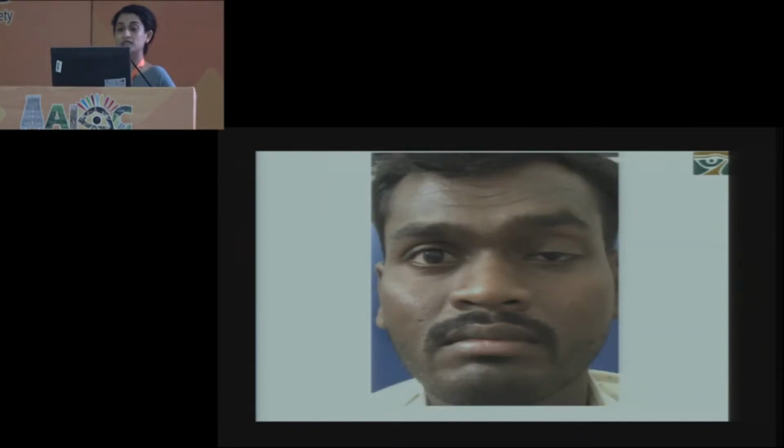So this patient, a 28-year-old male, came to me again with drooping of the eyelid. From the pictures, what can you tell me, whether it's congenital or acquired, and why? Congenital. Who gave me that answer?